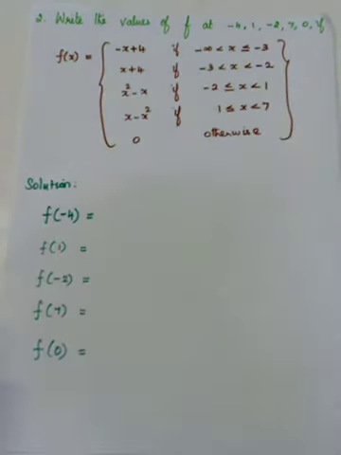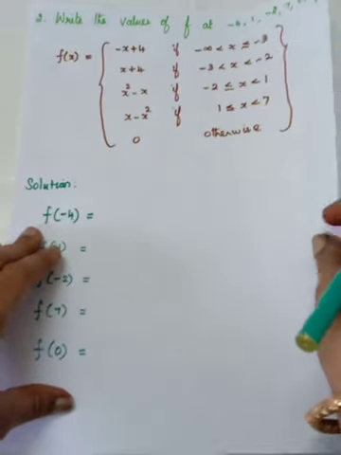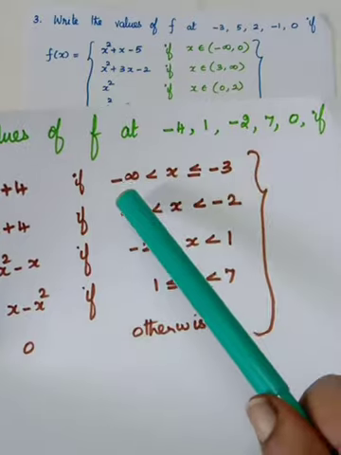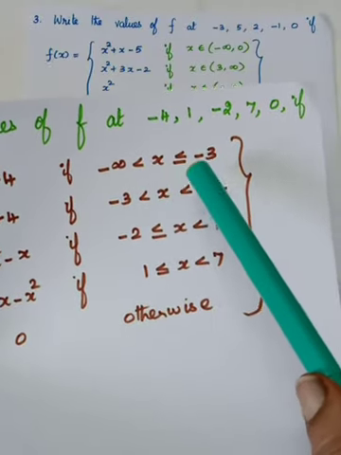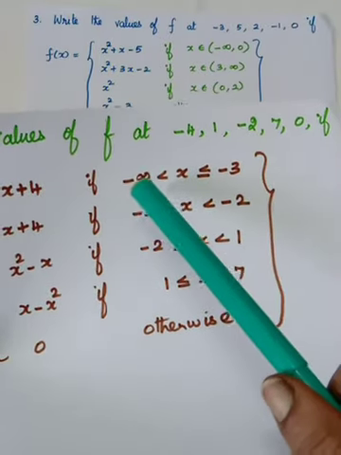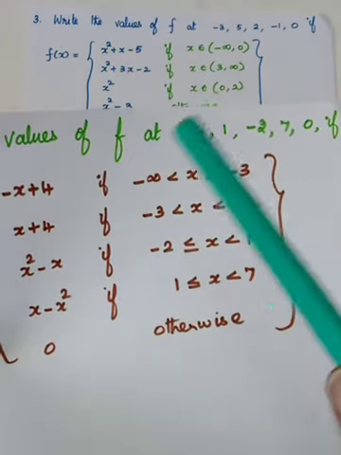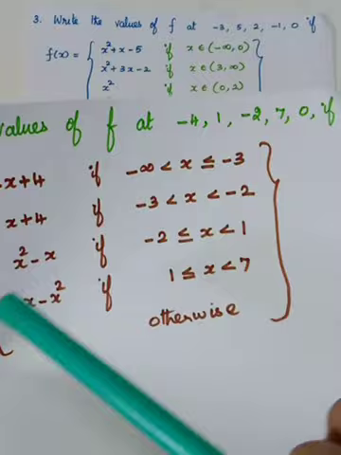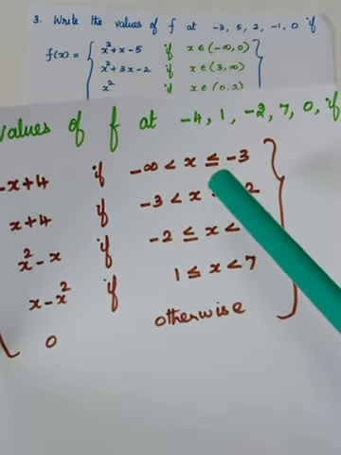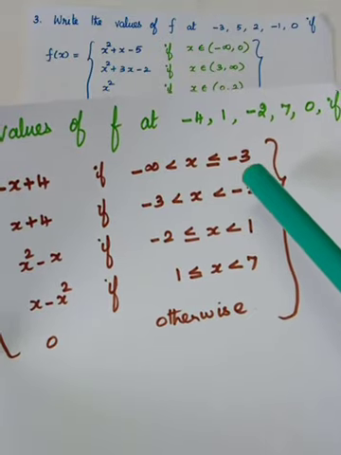So see the first value. First we have to understand the function given. It is minus infinity less than x less than or equal to minus 3. That means starting from the left side, minus infinity to minus 3, and minus 3 is also included.